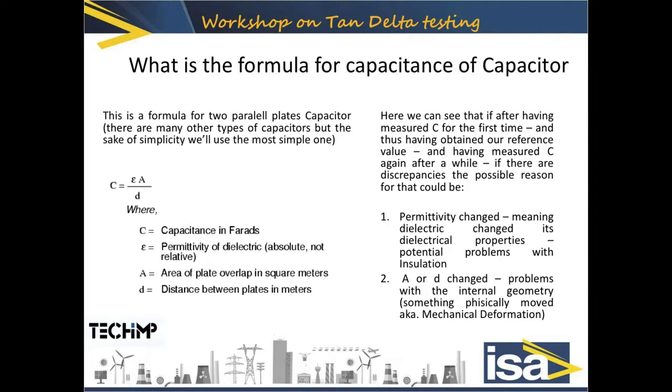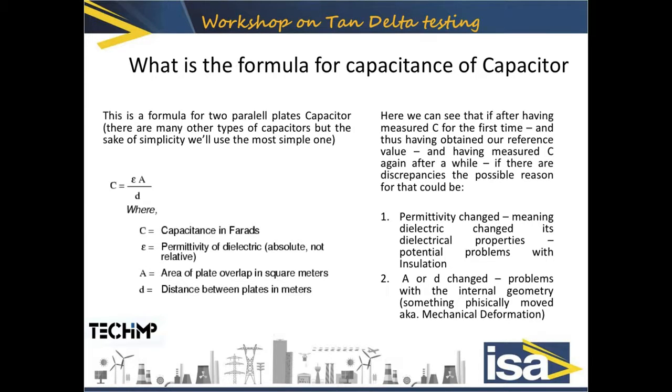Just to remind ourselves, epsilon is, as we said, the permittivity of the dielectric. You get epsilon when you multiply epsilon 0 and epsilon r, so absolute permittivity and relative permittivity. And absolute permittivity is a constant, while relative permittivity is relative, as the word says, and each material has a different number.